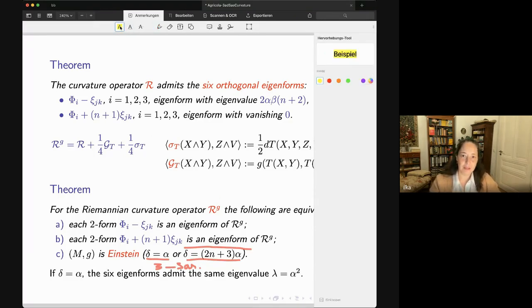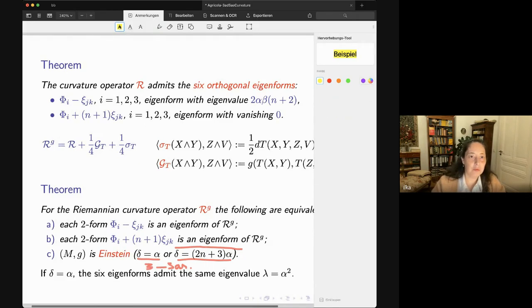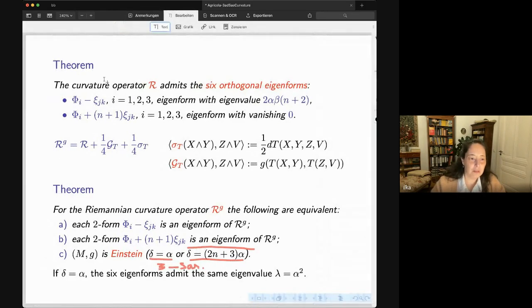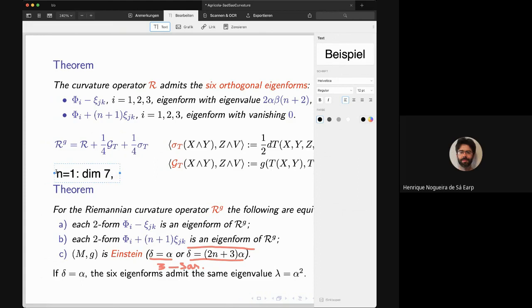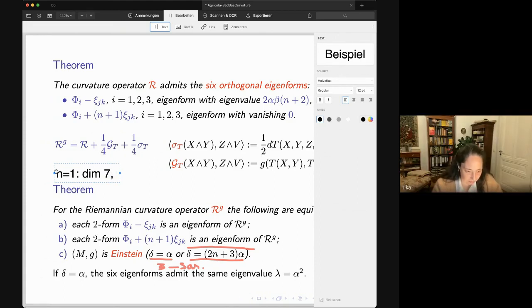Now, if n is equal to 1, so we are in dimension 7, then the second Einstein metric is actually not just any Einstein metric.